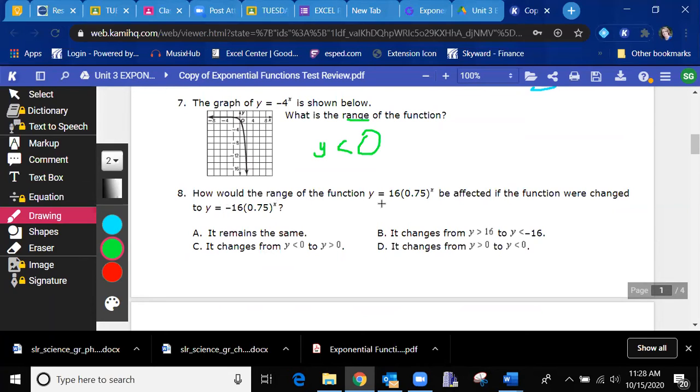How would the range of the function be affected if it were changed to negative? So this is positive 16, and this is negative 16.